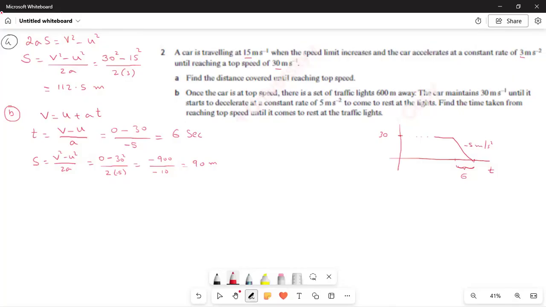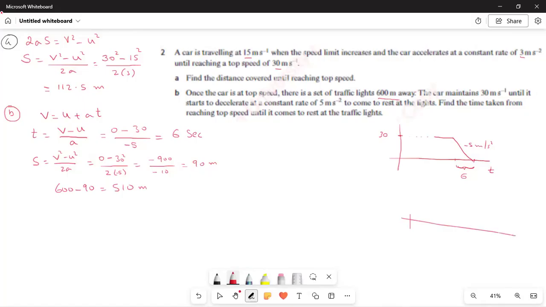The total distance available was 600 meters, because that is how far away the car was when it saw the traffic light. So 600 minus 90 will give you 510. What is 510 meters?